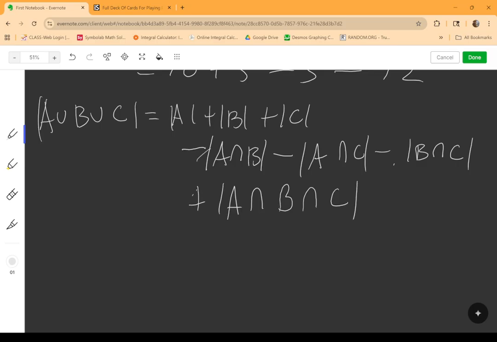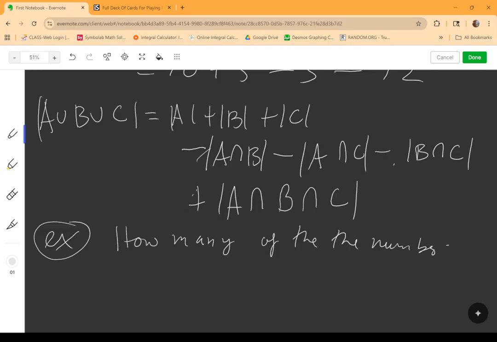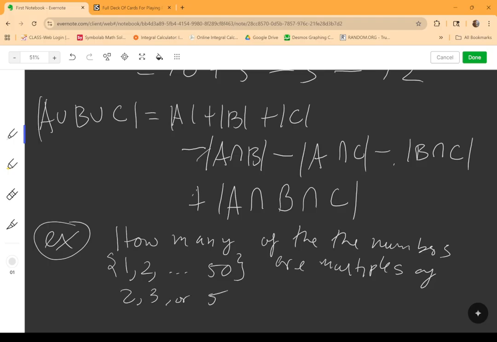For this example, let's say I want to find out how many of the numbers 1, 2, all the way up to 50 are multiples of 2, 3, or 5.